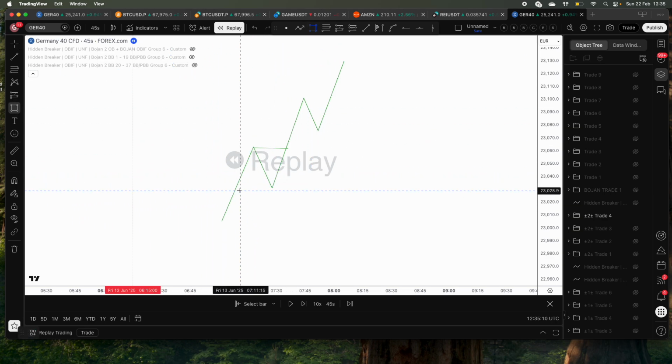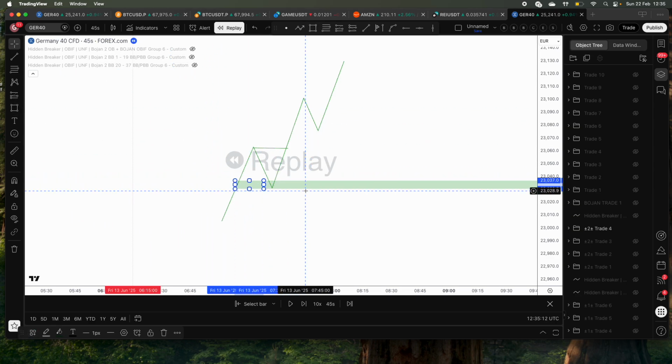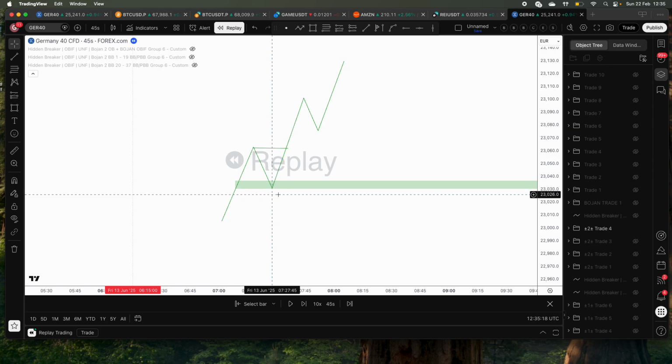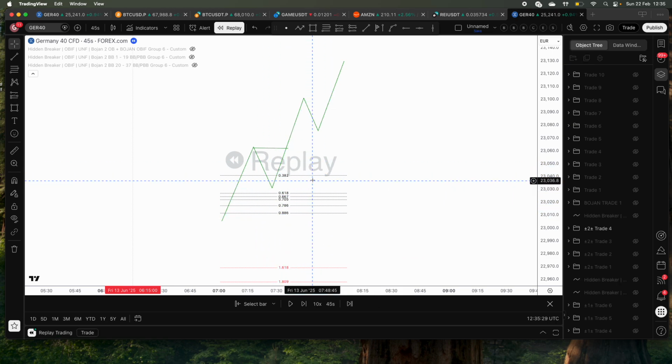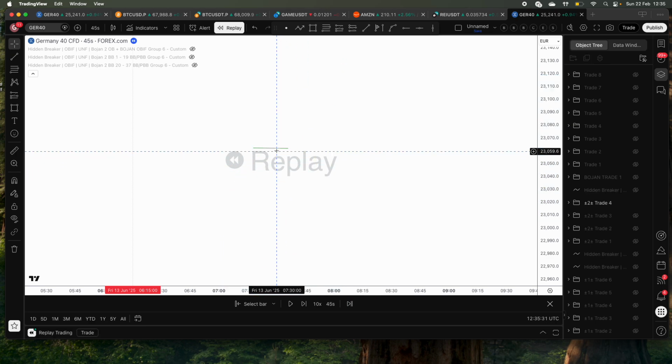So this will be a demand zone with an inefficiency that the market is balancing before continuing on up, and these provide trading opportunities, especially if they fall within your retrace fibs.